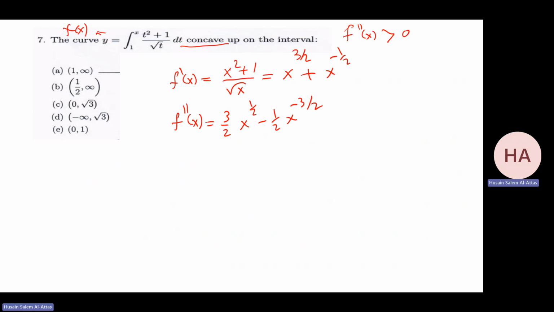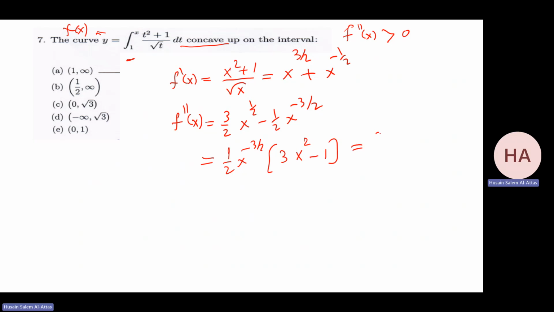Okay, and I need to simplify this one. That will be half x to the minus 3 over 2 times 3x squared, and x squared times x to the minus 3 over 2 is x to the half. So 3x squared, I took half, that will be minus 1.